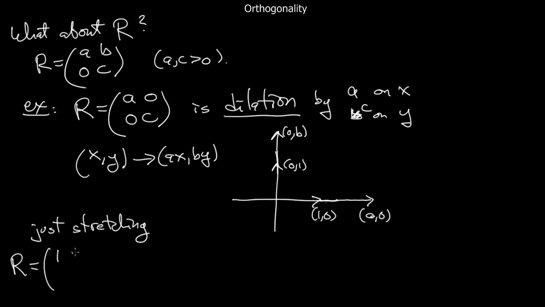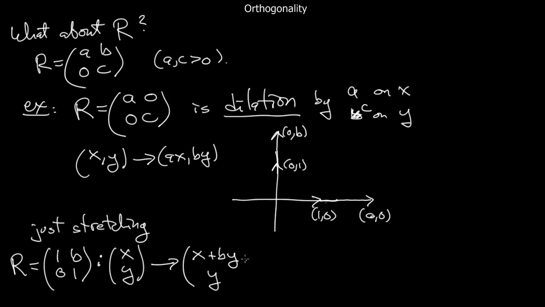And one last thing to look at is a matrix like this. Suppose you had something like this. What does this do? This takes (x, y) to what? To (x plus by, y). And if I write that as (x, y) plus y times (b, 0), you see that what is this doing?